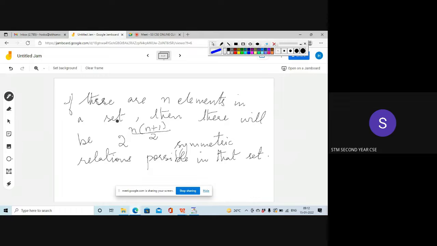If a set has n elements, then the number of symmetric relations that are possible on that set is 2 raised to n(n+1)/2.